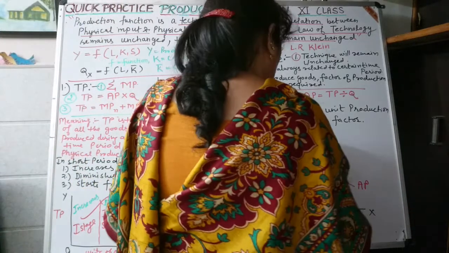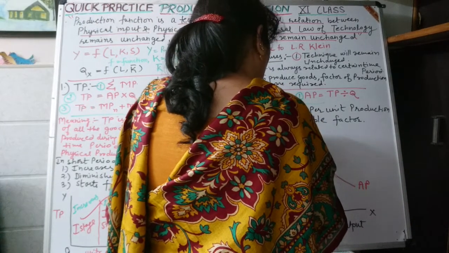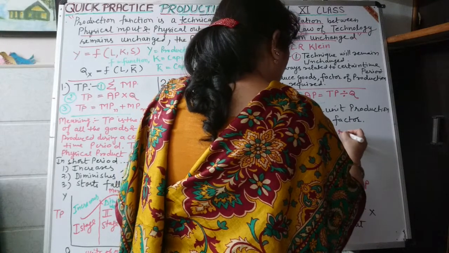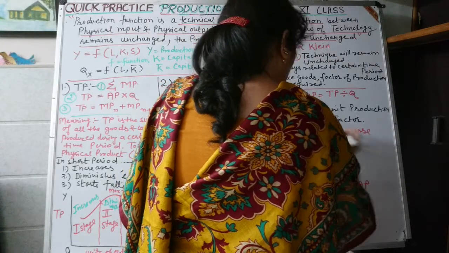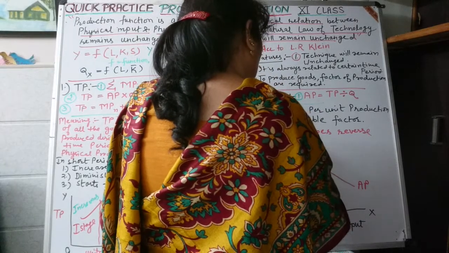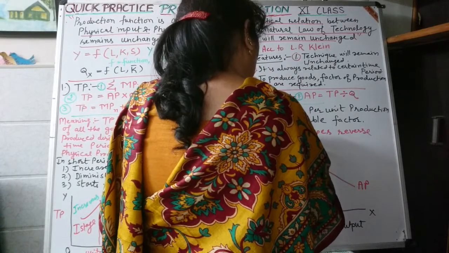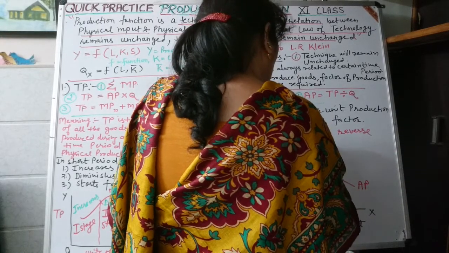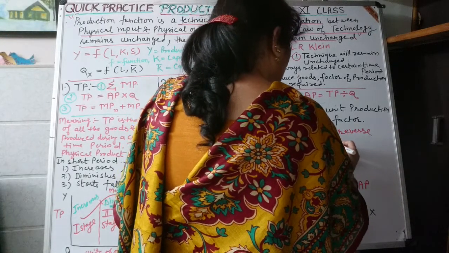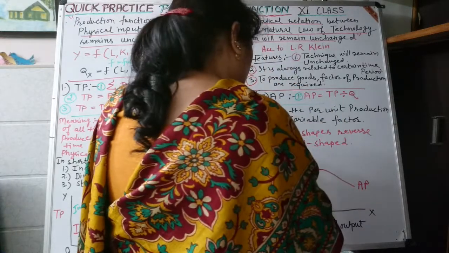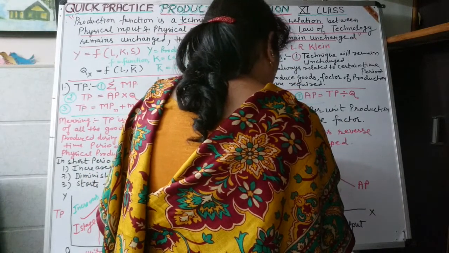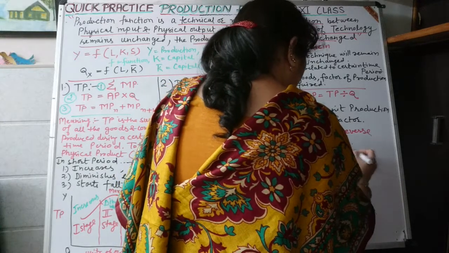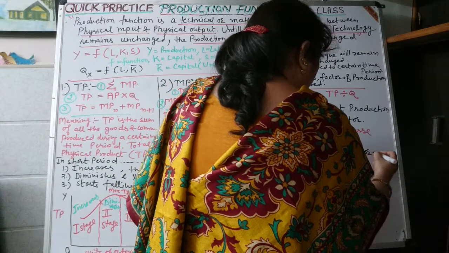Average production also is reverse U-shaped, but it can't be zero or negative.